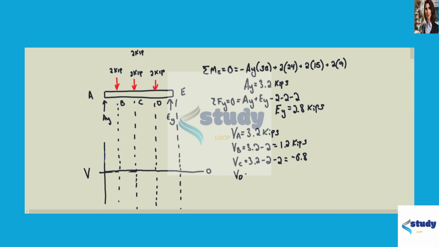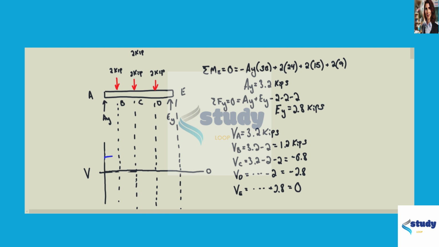Shear force at D equals the same thing, subtracting another load at D, which equals negative 2.8. And then the shear force at E, which is the same thing as A to D, and then we're going to add 2.8, which is the force EY. So we'll bring it back down to 0.